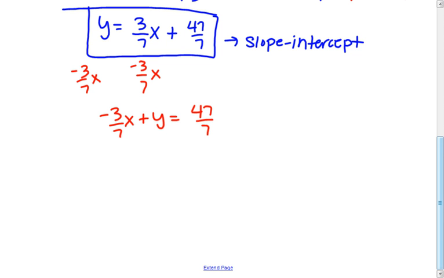So instead of multiplying through by 7 first and then multiplying through by -1, I can multiply by 7 times -1, which we know is -7. So I'm going to multiply everything through by -7. Okay, so -7 times -3/7 would be, the 7s would cancel, just so you know. I don't want you to really think about crossing this out, but the 7s would cancel, and then a negative times a negative would be a positive 3x.